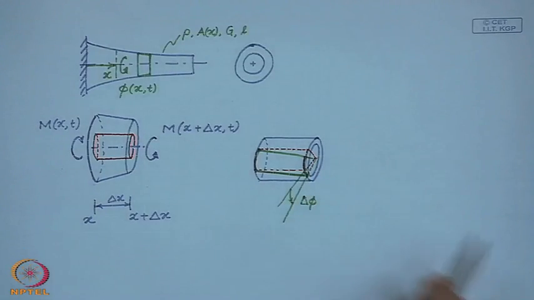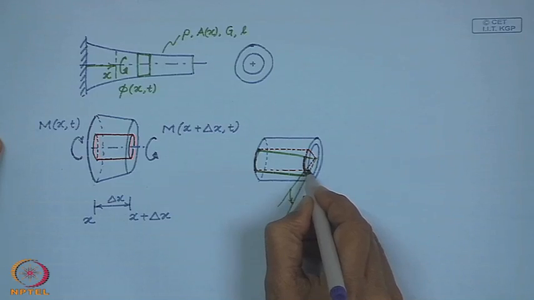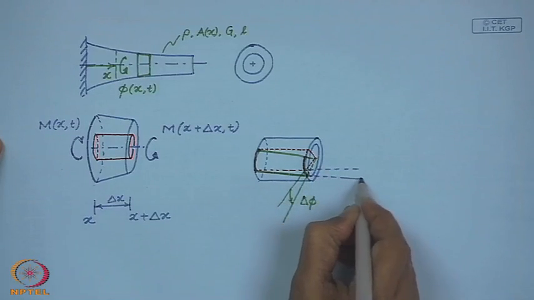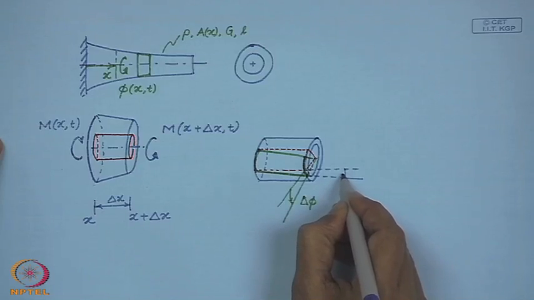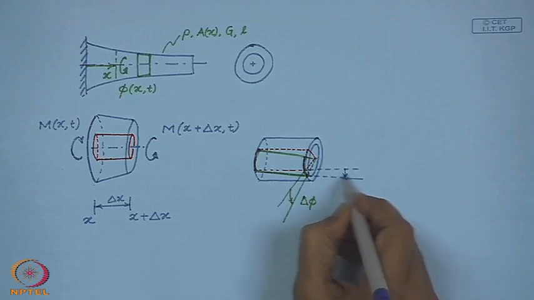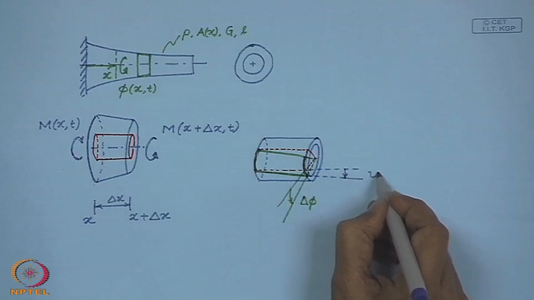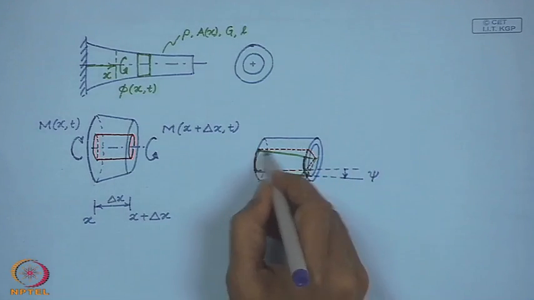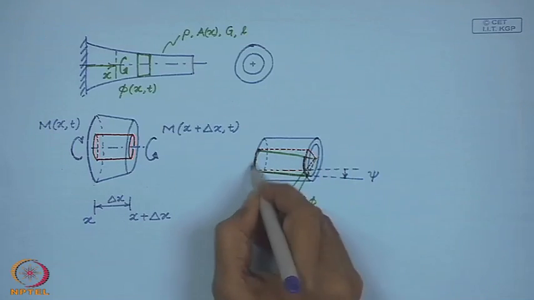On the other hand, if you look at this angle, this is nothing but the shear strain experienced by this initially undeformed red element.